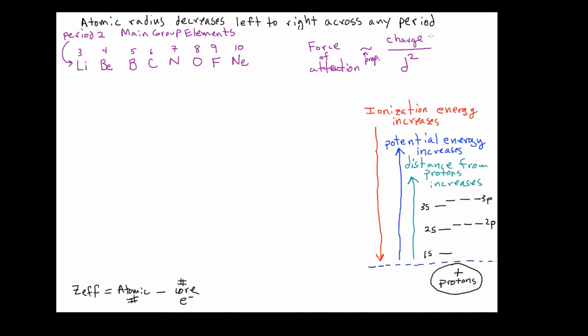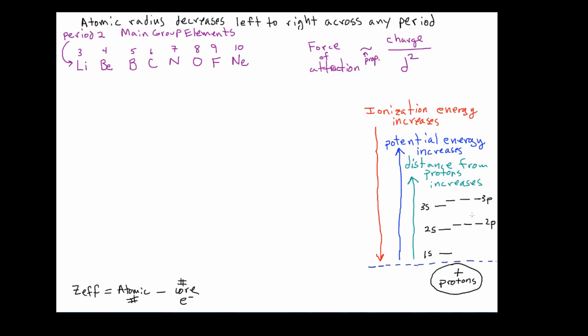The charge on the electrons, the total charge that we've got of the protons, divided by the distance the two kinds of particles are separated, or the square of that distance. All right? So two things going on. We've got the charge in the nucleus, the charge on the electrons, the mutual attraction there, and then how far apart these particles are, that distance squared.